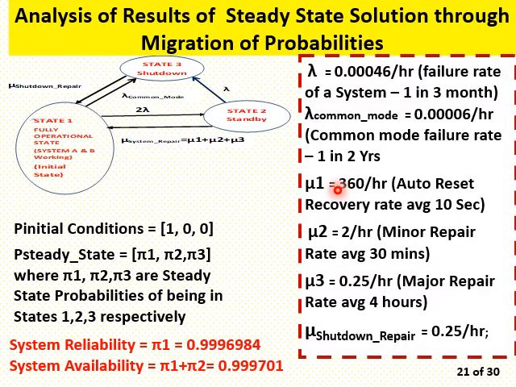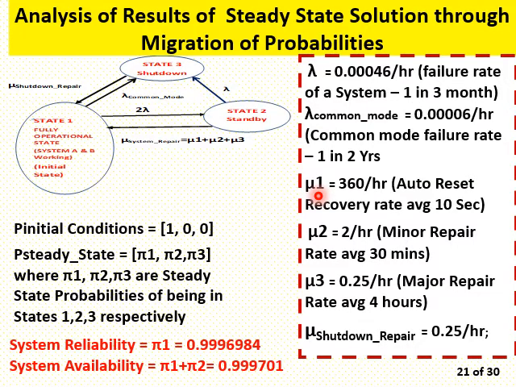So as a result, the probability will migrate to the states on the left because the failure rates are low, so the movement to the right is low, whereas recovery rates are very fast.